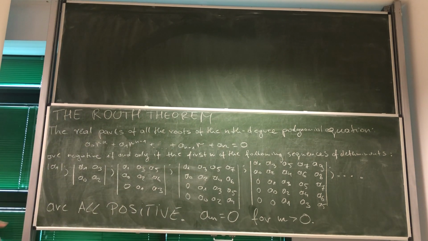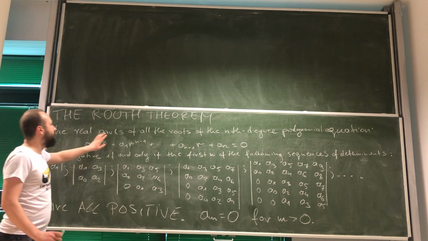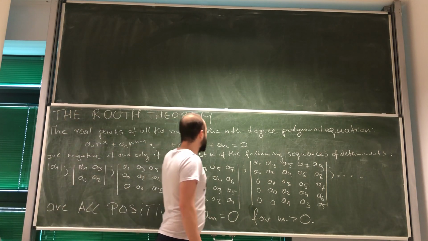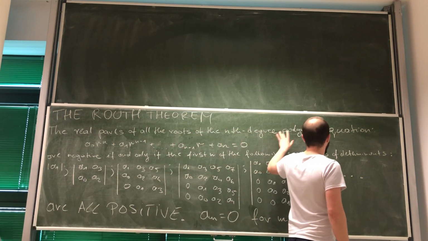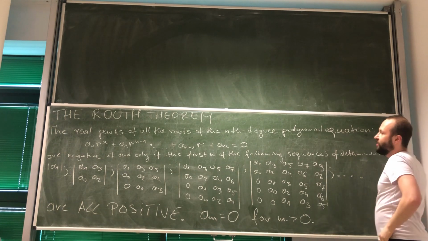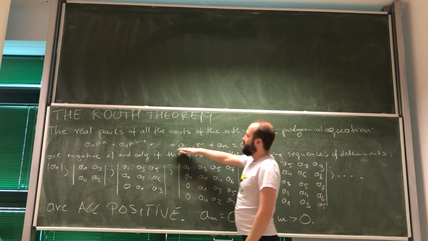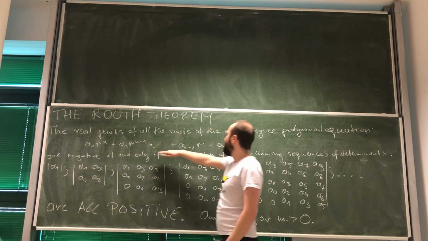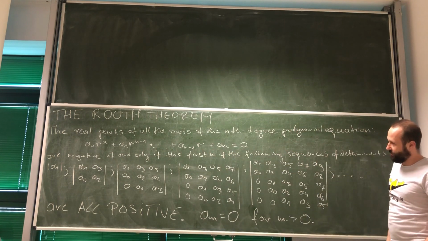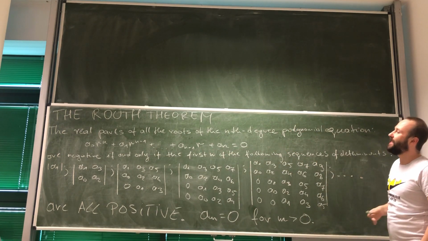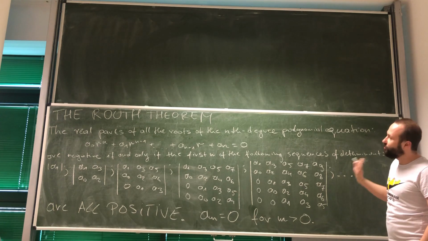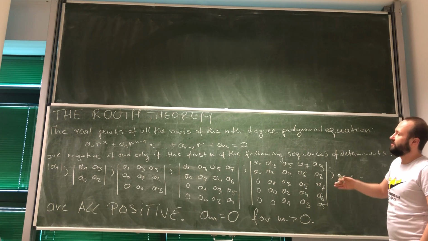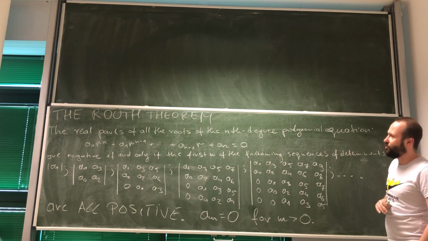Okay, so how does it go? The real parts of all the roots of the nth degree polynomial equation. So look, here we've got a polynomial equation that we are encountering, so this is our characteristic equation.